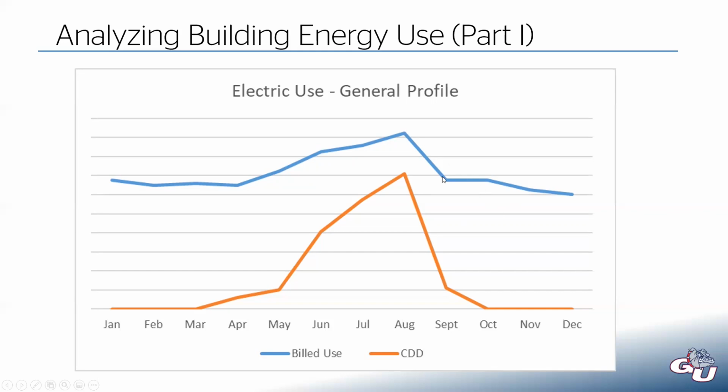And then it drops down back to that more or less flat spot. And if you were to plot the cooling degree days on the same chart, well, you can see, hey, our air conditioner ran a lot more when we had more cooling degree days, as expected.